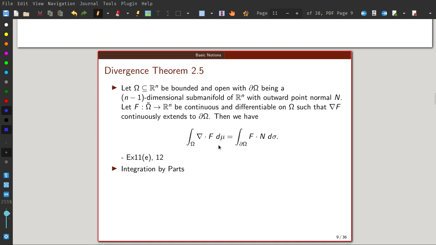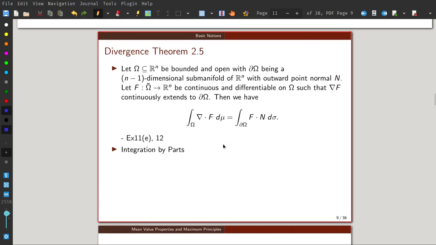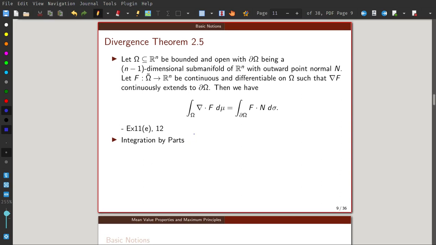So we did an exercise similar to this in 11 and 12. And one consequence of this is integration by parts for multivariable functions. Okay, what do I mean by that? So let's suppose f is 0 outside of some box.